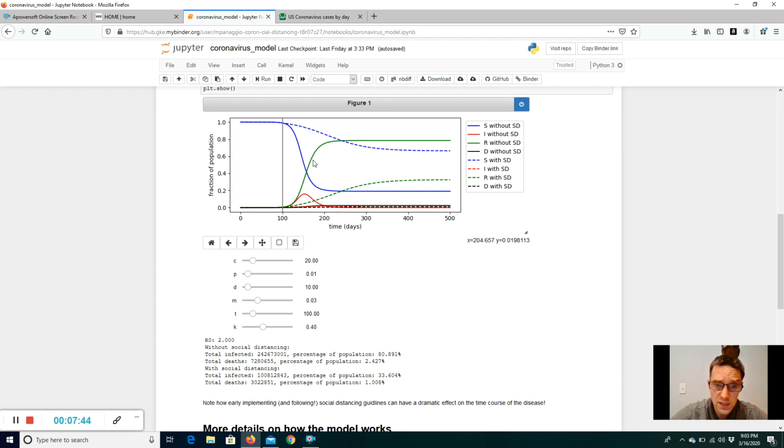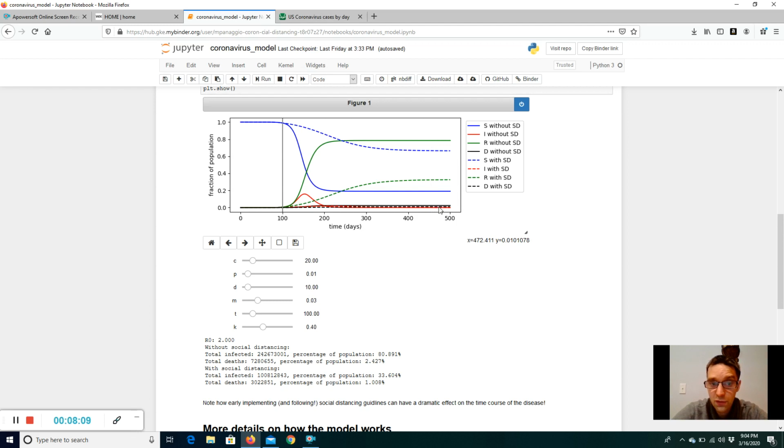The other thing to notice is that the blue solid curve reaches a minimum value of around 20% at the very end. That means at the end of the day, 20% of people are susceptible to disease, and the other 80% are therefore people who got the disease at some point. Most of those recovered, that's the green, but some small fraction also died, and that's the black.